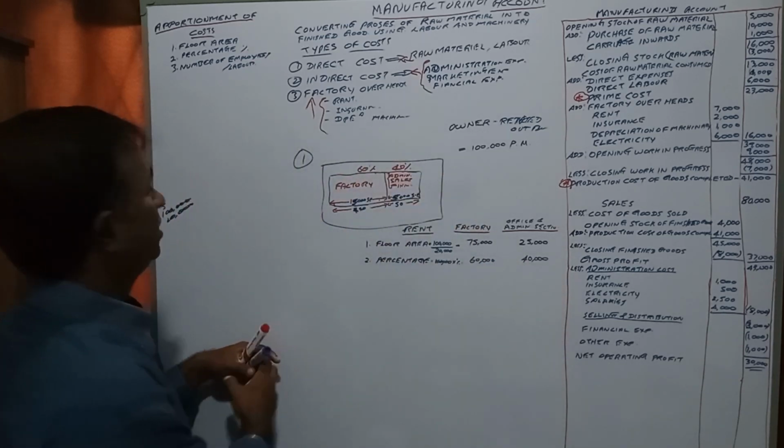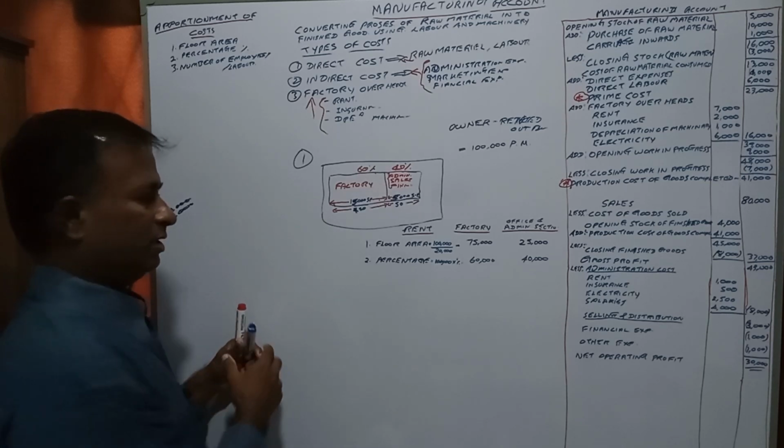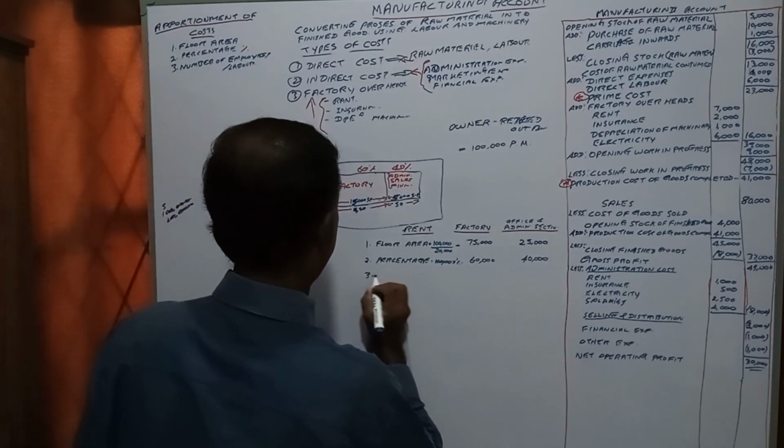Right? And the third method is number of employees.